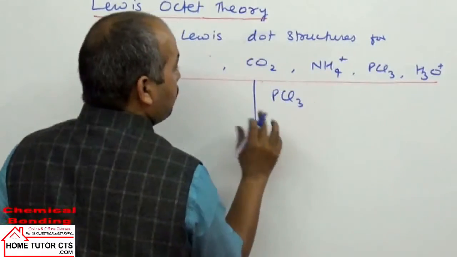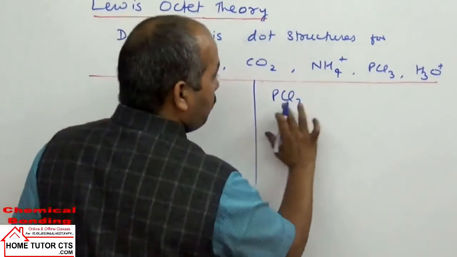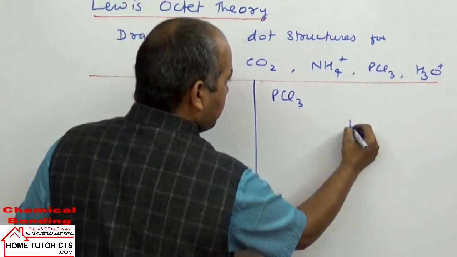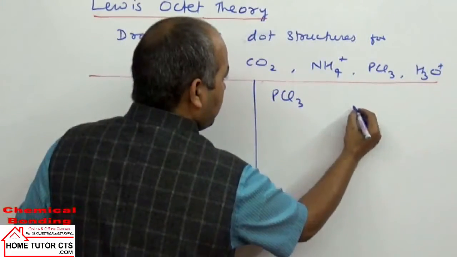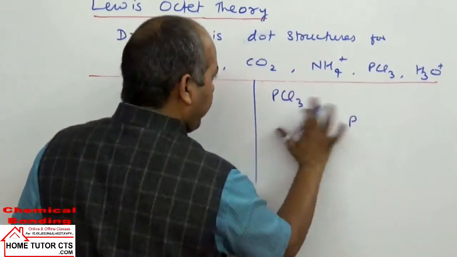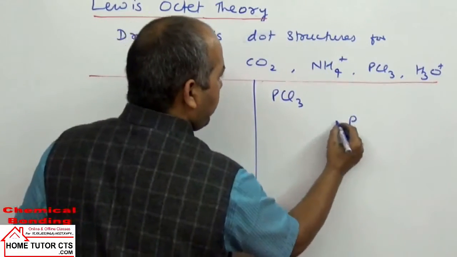If you take PCl3, phosphorus has 5 electrons in the valence shell. So we can find N1, N2, N3 as in the previous case and then draw.